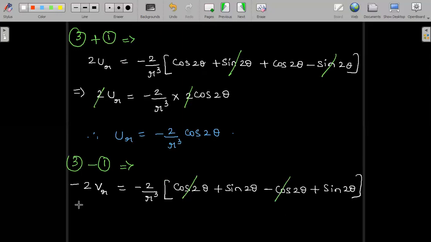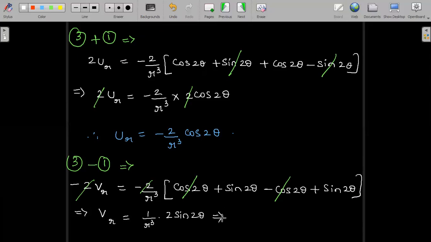So we can write down the expression for minus 2 Vr. And before I do that, can I cancel off minus 2 also on both sides? So minus 2 gets cancelled on both sides. So what do I remain as positive Vr expression? Vr is equal to 1 divided by r cube into 2 sin 2 theta.